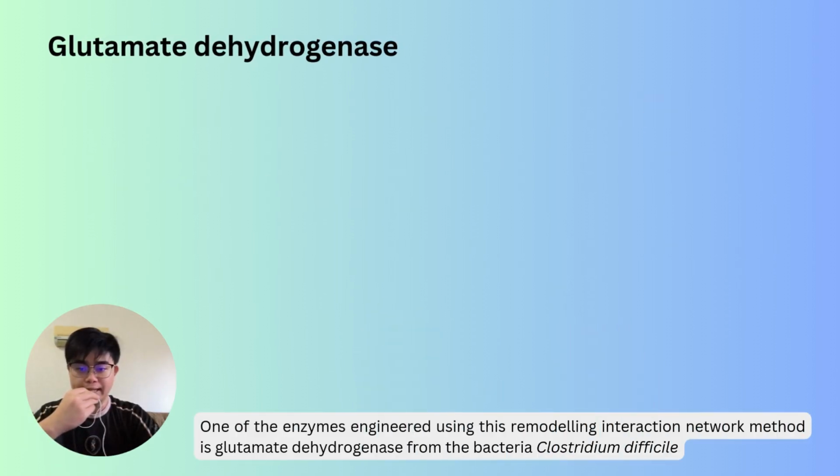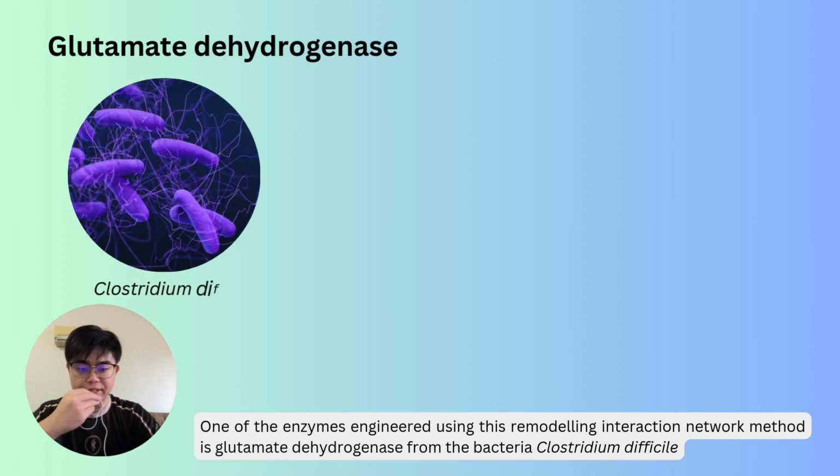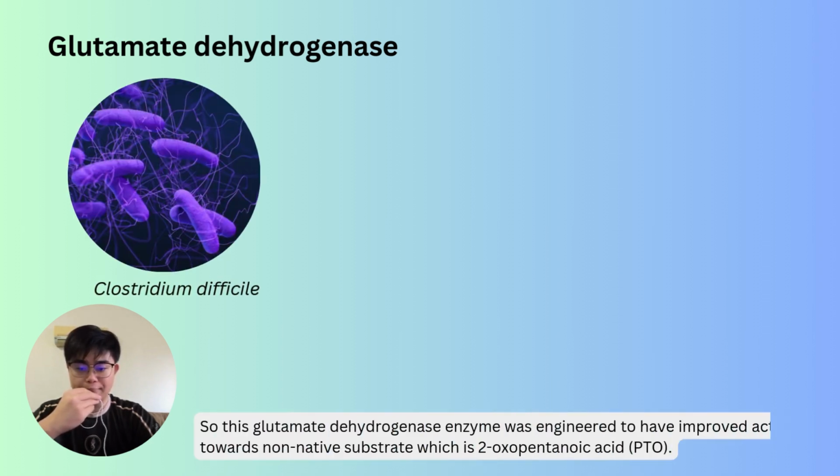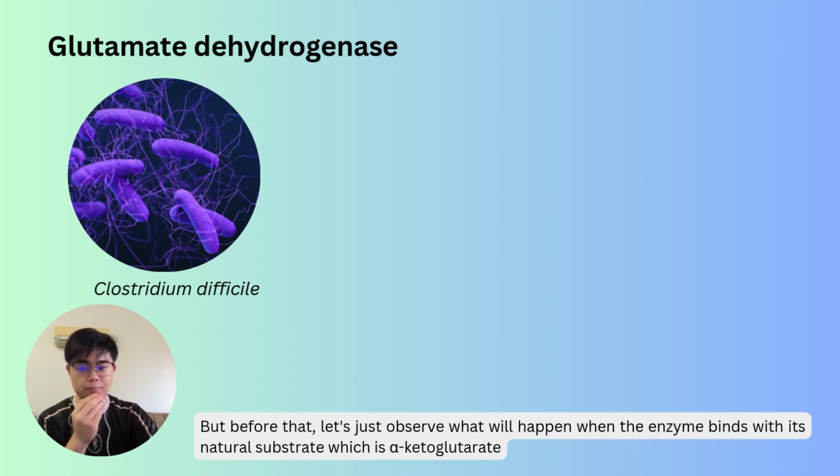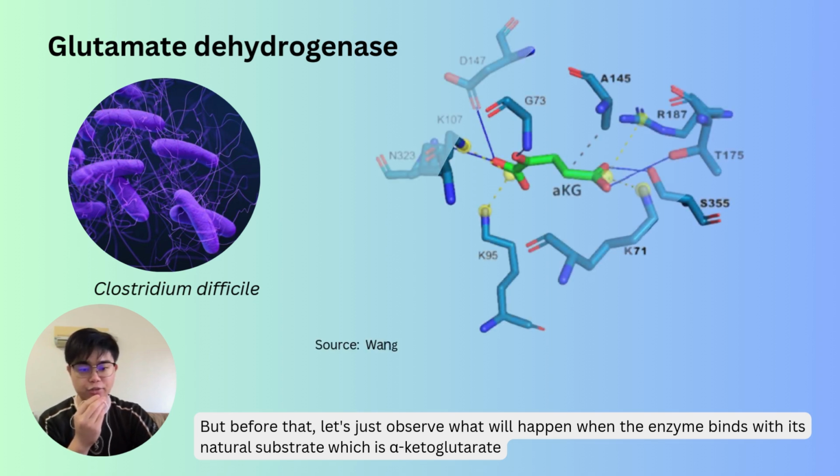One of the enzymes engineered using this remodeling interaction network method is glutamate dehydrogenase from the bacteria Clostridium difficile. This glutamate dehydrogenase enzyme was engineered to have improved activity toward a non-native substrate, which is 2-oxopentanoic acid (PTO). But before that, let's just observe what will happen when the enzyme binds with its natural substrate, which is alpha-ketoglutarate.